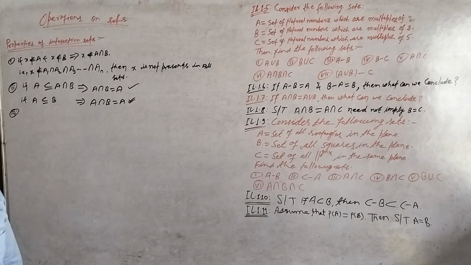Property number 3: for A intersection B, the commutative law is satisfied and the associative law is also satisfied.